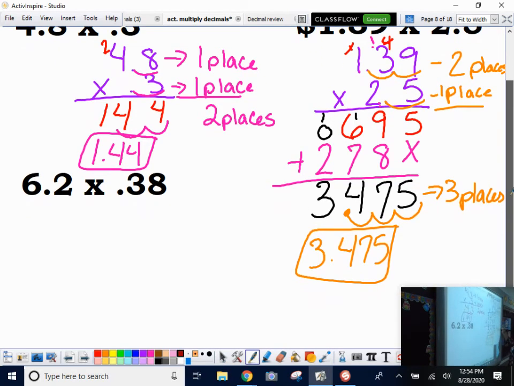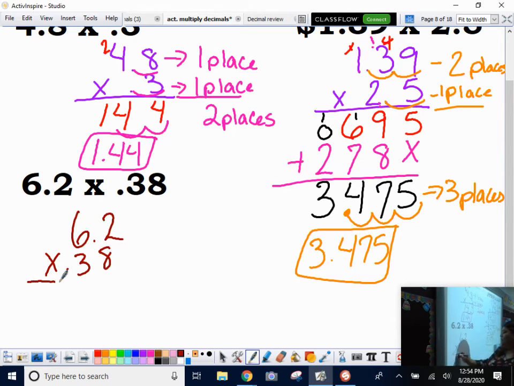Last one. Let's see how you did on this one. Okay? We have 6 and 2 tenths times 38 hundredths. Okay? Let's go ahead and multiply. 8 times 2 is 16. Carry your 1. 8 times 6 is 48 plus 1 is 49.